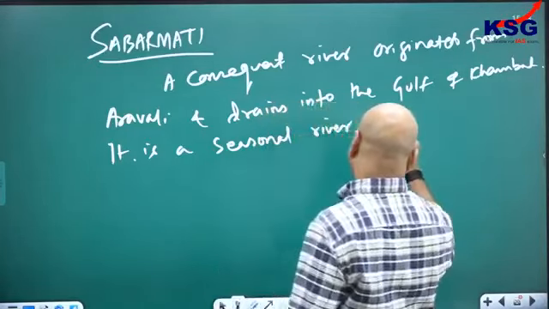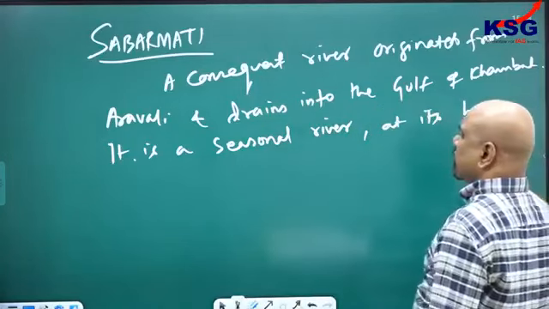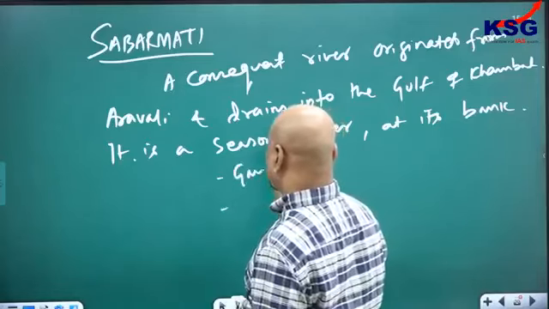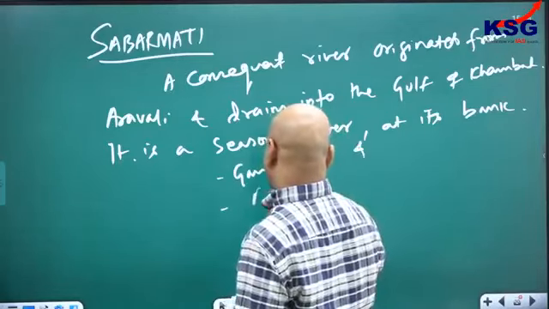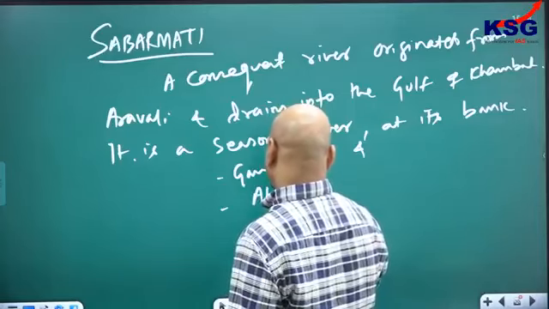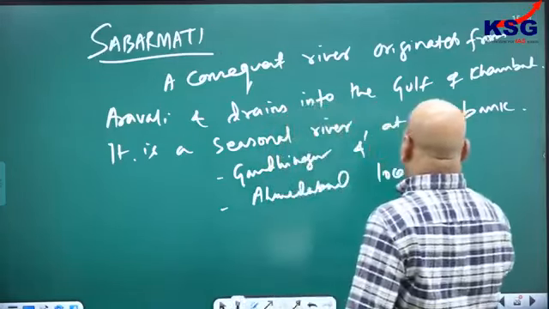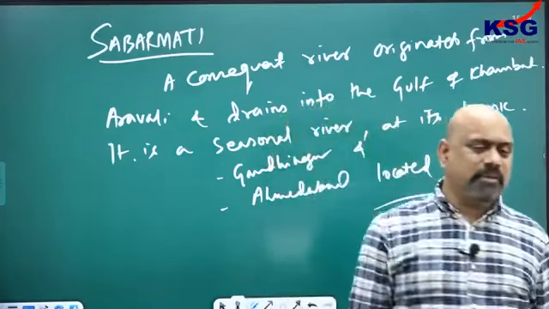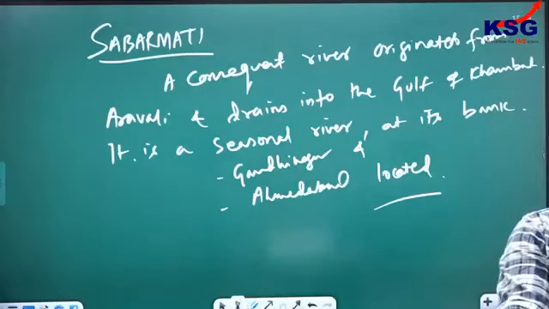On its bank, which cities are there? You have Gandhinagar and Ahmedabad, they are located here. Okay.